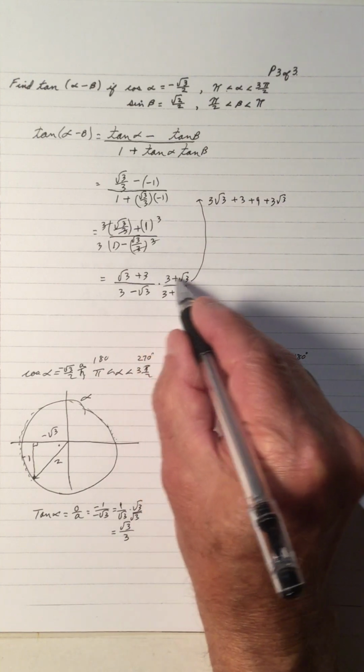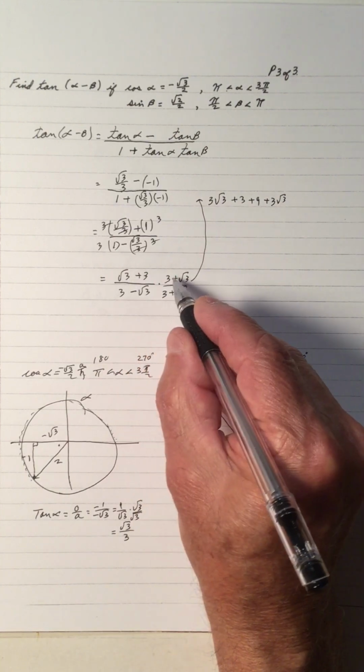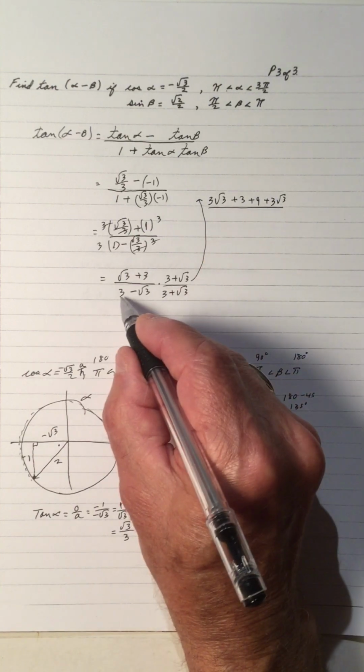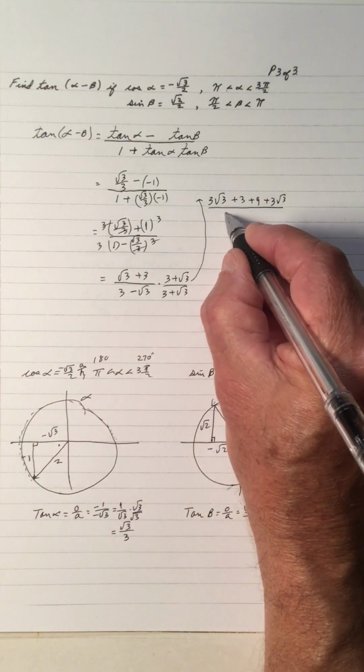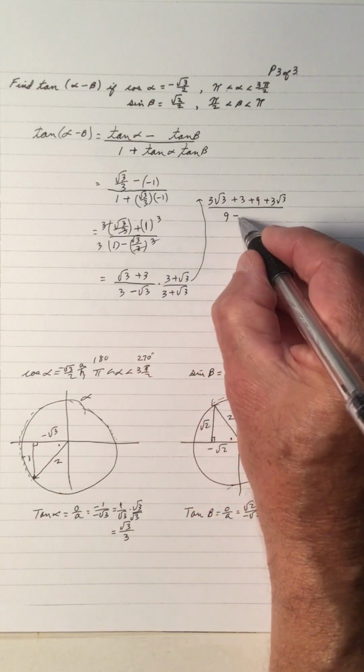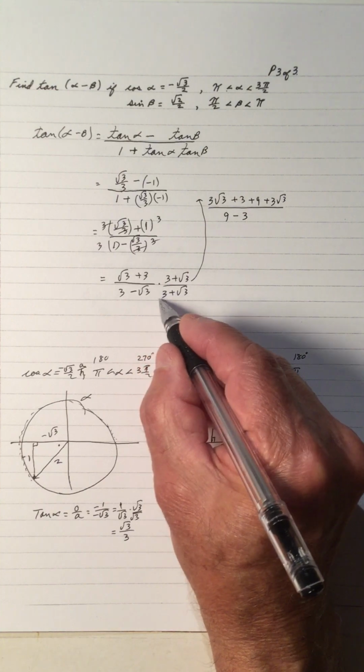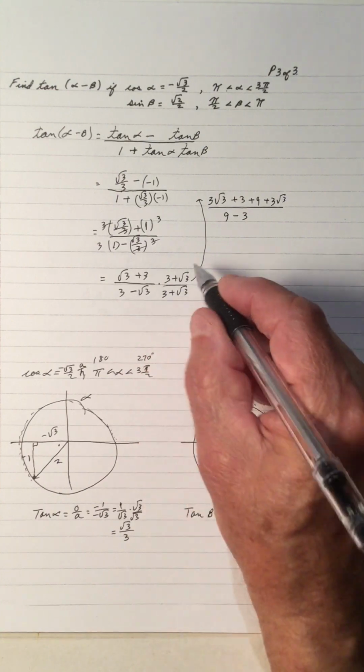So I did a FOIL on these two. Because they're conjugates, I only have to multiply the first two, 9, minus the last two, which is 3. If you do the outside and inside, they cancel out to give you 0.